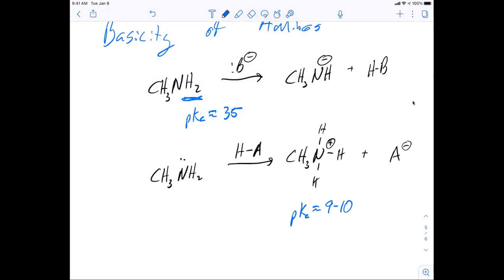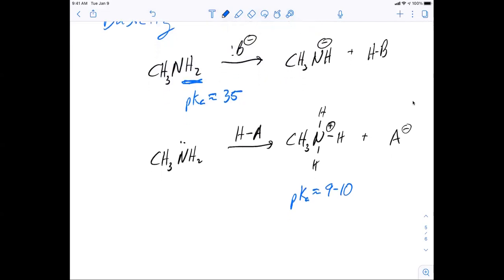And in general, these are going to be in the range of 9 to 10. So again, since amines are most often used as bases, what we'll be looking at is, if it was used as a base, where is the pKa of the conjugate acid that's formed versus the base?